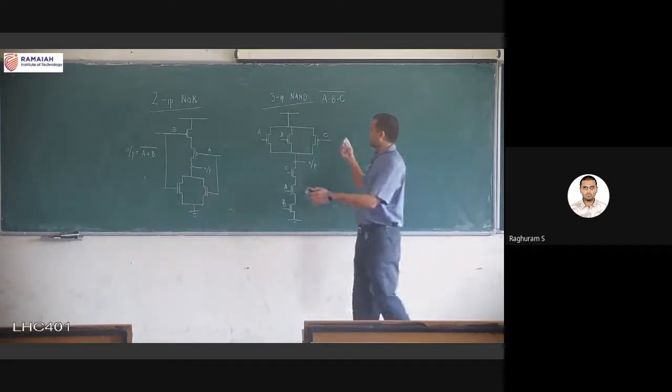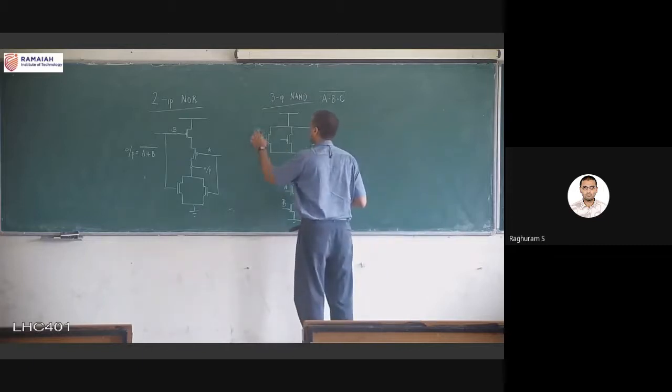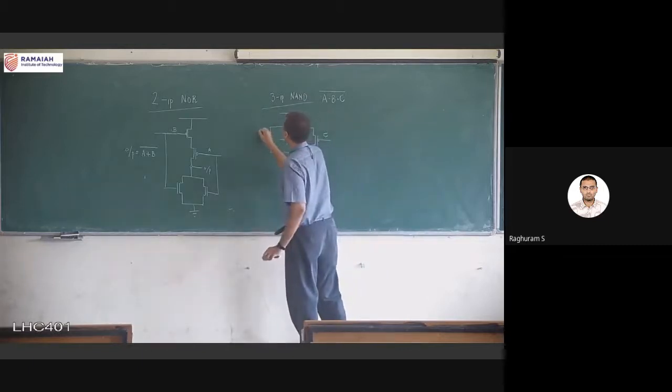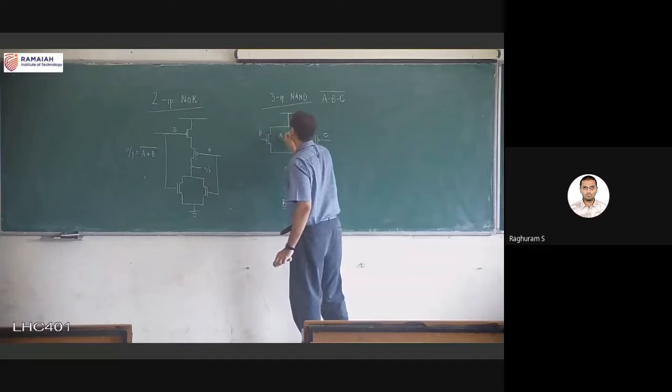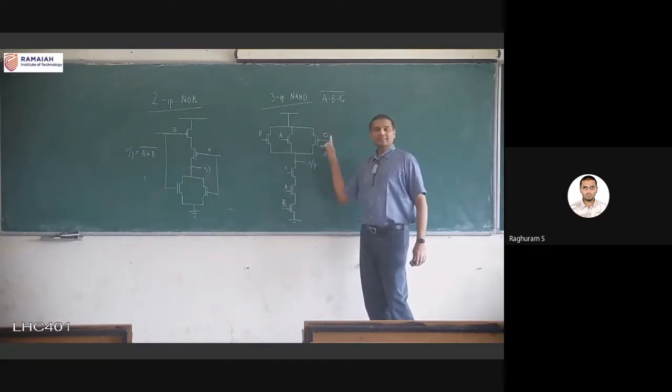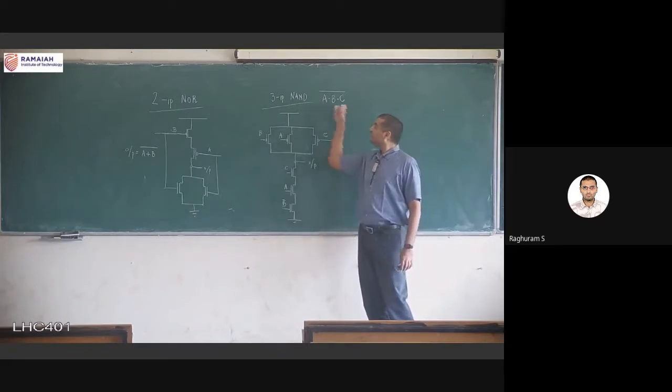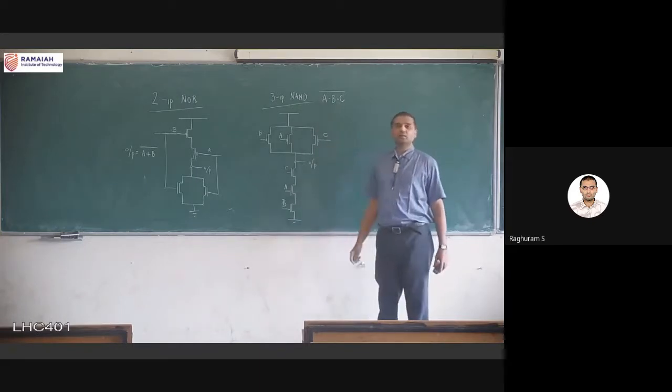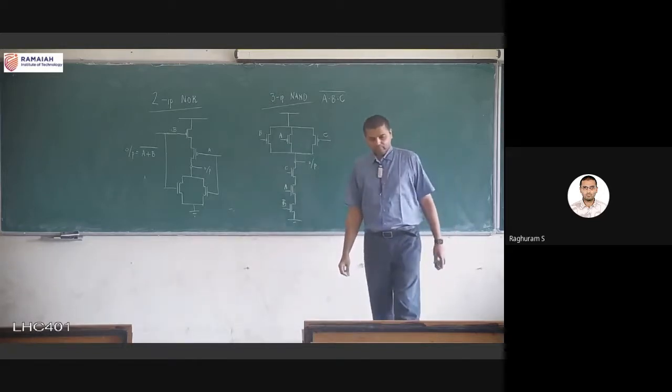Or even the top I change, instead of A, B, C, I put B, A, C. And the order is different. I put B, A, C here and I put C, A, B here. Is it still A, B, C the whole bar? Yes or no?